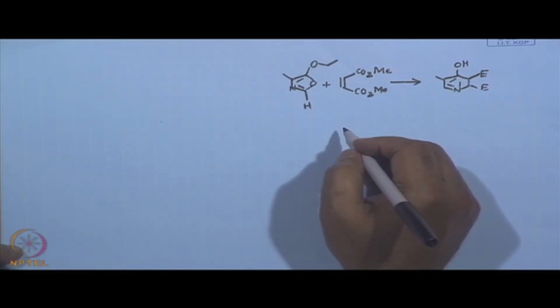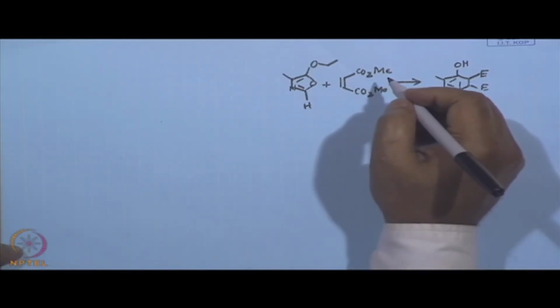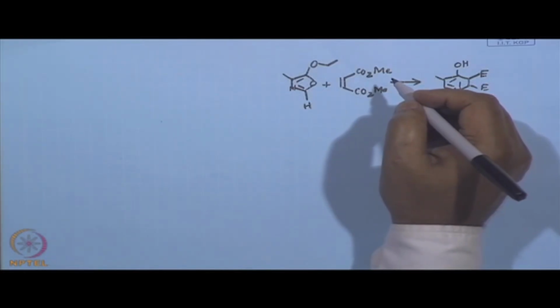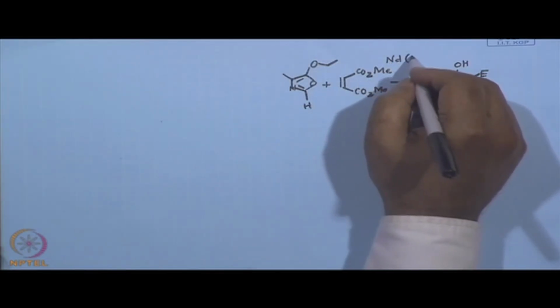I think I should work out the mechanism. Mind you, previously this reaction was done in industry by thermal heating and a little bit of acid, and very recently someone has done it with an unusual catalyst, and he says it is a commercially cheap catalyst. What is this?